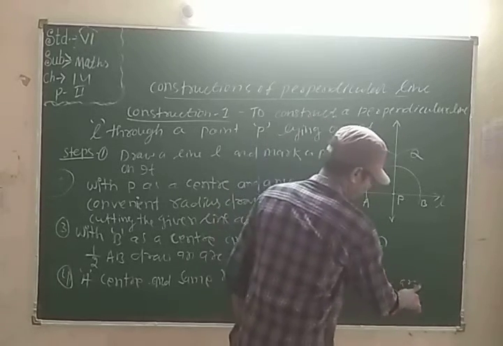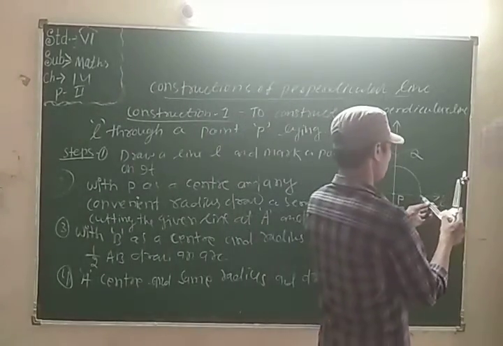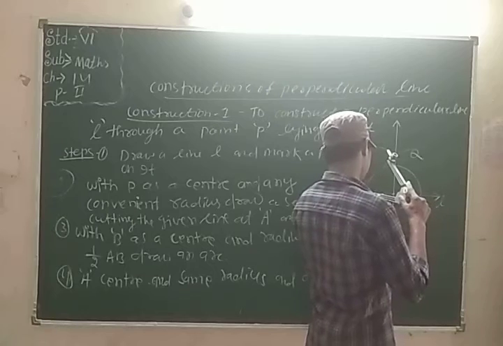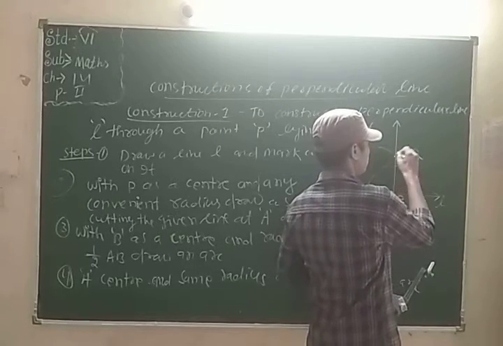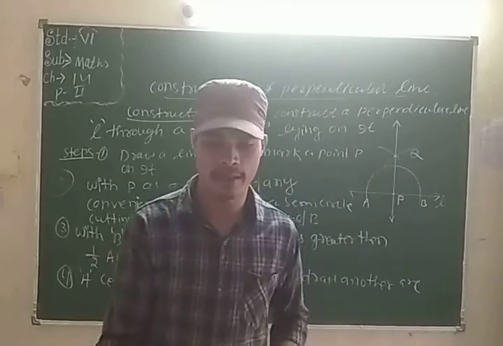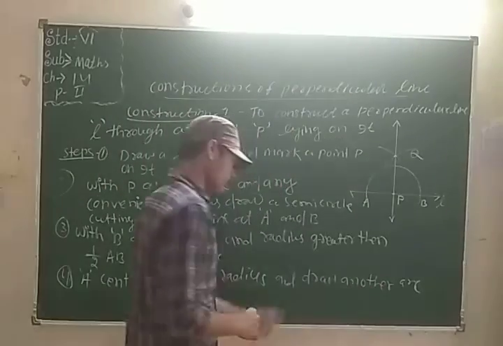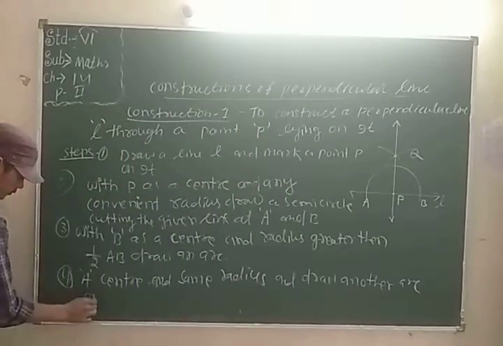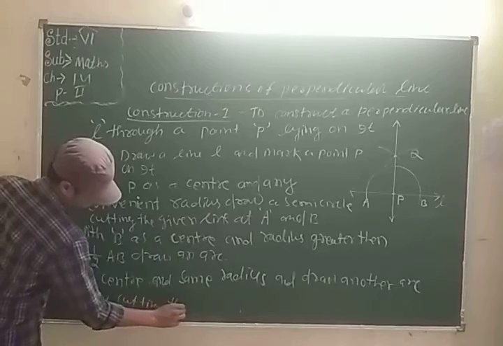First we take B as center and draw one arc. Then with A as center we draw another arc, and we get a point known as Q. The last step is to join it. The first arc cuts the other arc at Q.